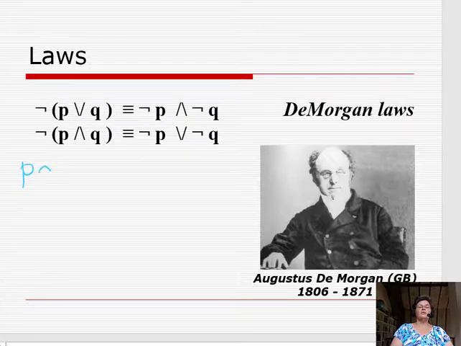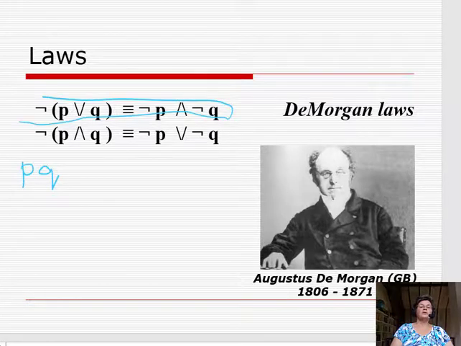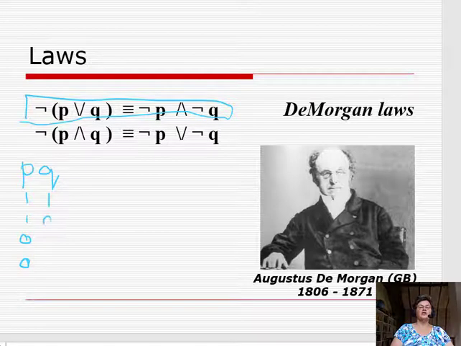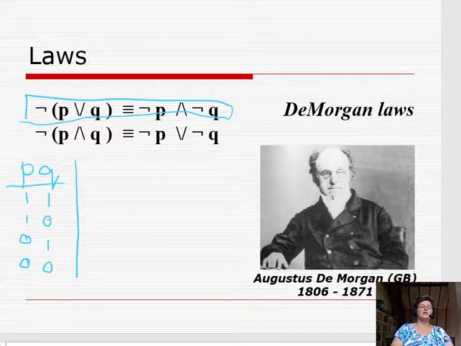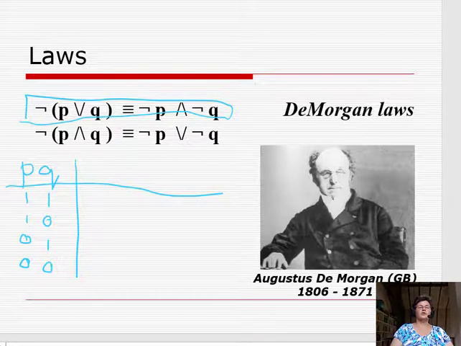So let's do the first one: not (P or Q). We have two propositions, P and Q, and there can be 4 possible combinations of values. So with 2 propositions, I always have to investigate 4 options.